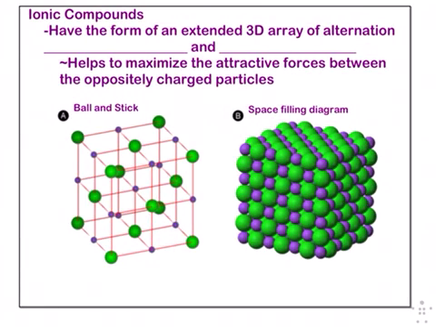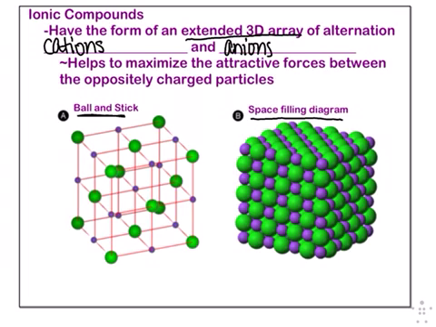Now some characteristics of ionic compounds. Their structure is referred to as an extended 3D array, and this extended 3D array will alternate cation and anion. This helps to maximize the attractive forces between the oppositely charged particles. There's a couple ways of drawing them. The first method right here is called the ball and stick method, and the second method here is called the space filling diagram.